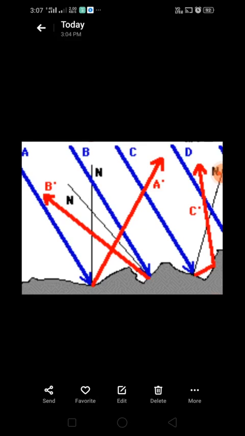See over here, this picture is showing the incident ray, the reflected ray and the position of the normal. For incident ray A, the reflected ray is A dash, and the normal is perpendicular to the point of the surface where it is reflected.